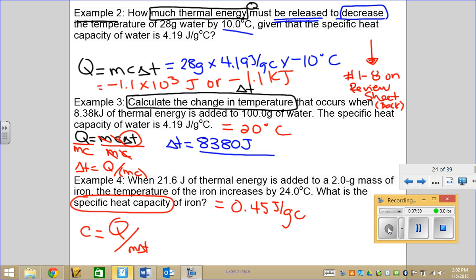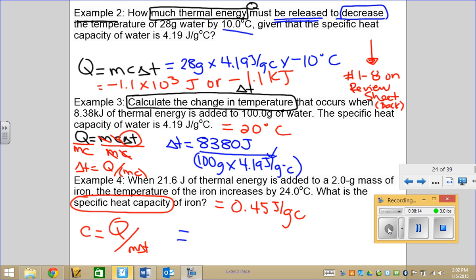So I would have taken my energy in joules, divided it by my mass times my heat capacity. Now, because my heat capacity has joules as part of its unit, Q has to be in joules as well. They have to be the same unit. So there's my calculation. I just want to remind you, make sure you put brackets on your calculator. Otherwise, your calculator's not going to know that you meant for 4.19 to be on the bottom.